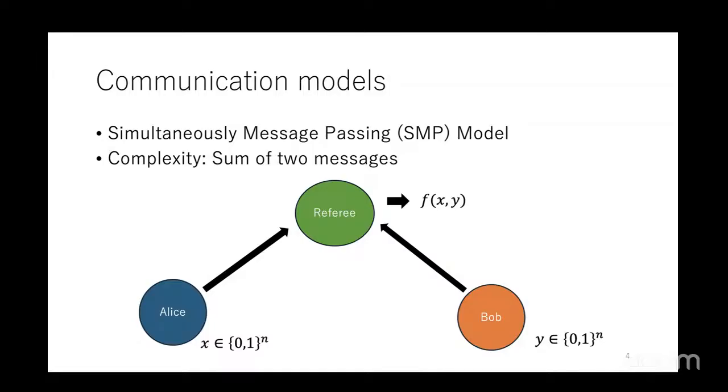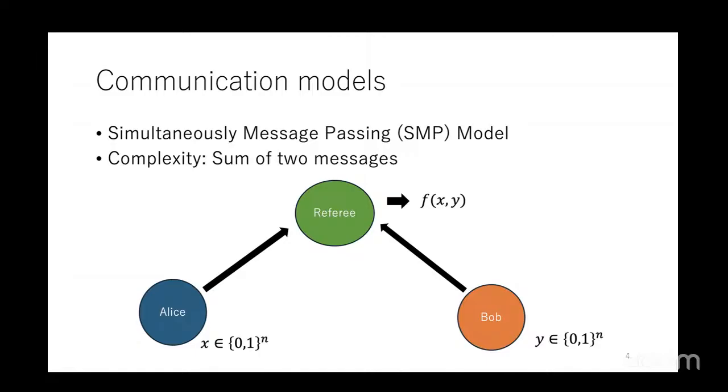In my talk, I will focus on the simultaneous message passing model, the SMP model. In the model, there are three parties: Alice, Bob, and the referee. Alice and Bob receive inputs, and the referee wants to calculate some function based on messages from Alice and Bob.